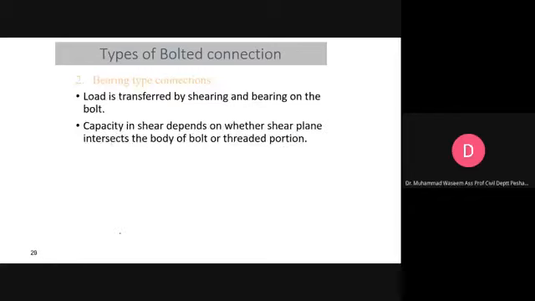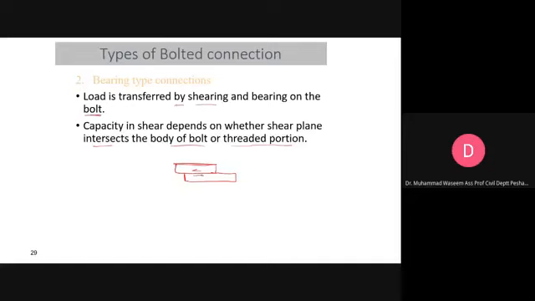Yes, sir. Okay. So okay, what happens in bearing type connection? Okay, in bearing type connection, load is transferred by the shearing and the bearing on the bolts. Okay, capacity in shear depends on whether the shear plane intersects the body of the bolt or the threaded portion of the bolt. Okay, for example, this one, this is the shear plane.